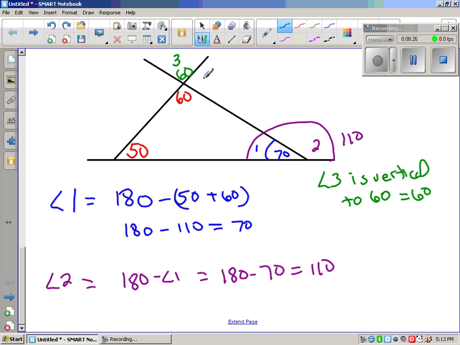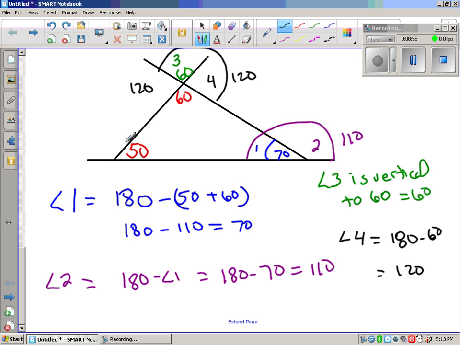Angle 4 is equal to 180 minus 60 because it makes a straight angle. So that's equal to 120. And angle 5 is vertical to angle 4, so it's 120.